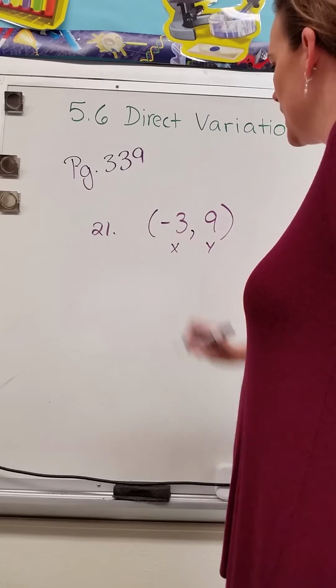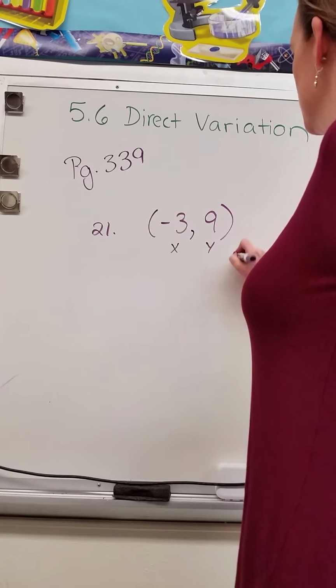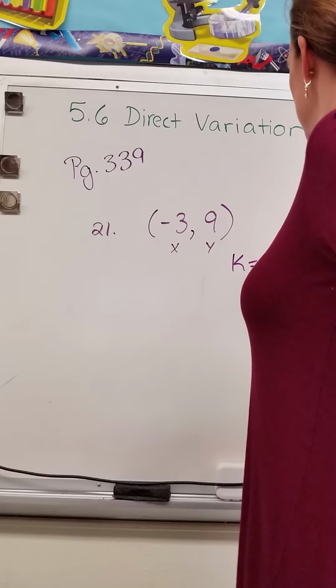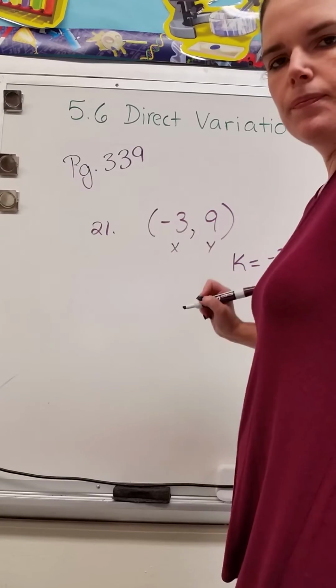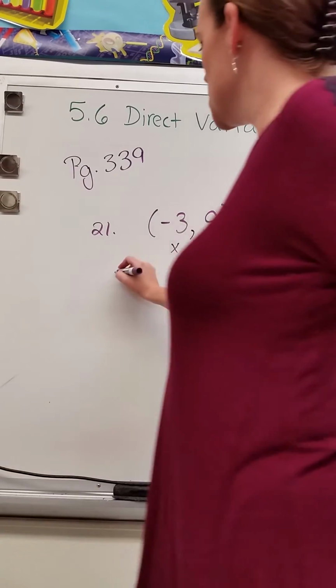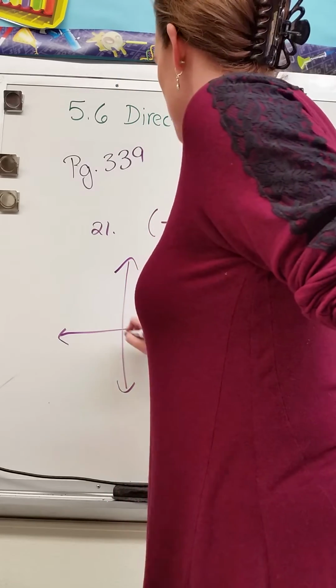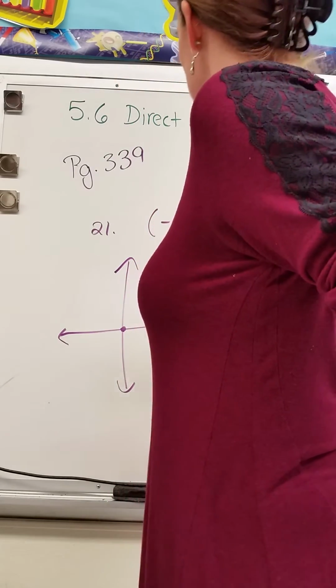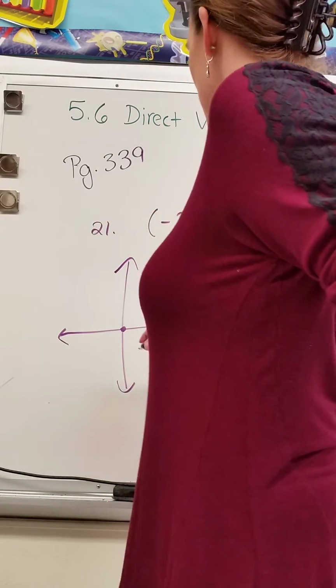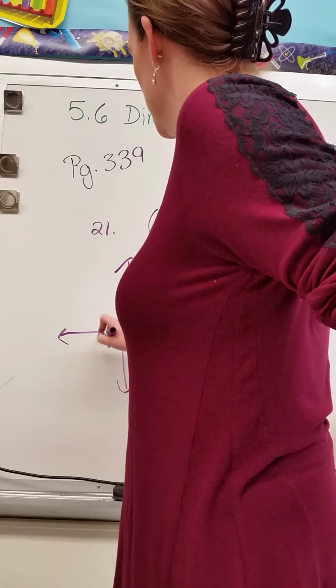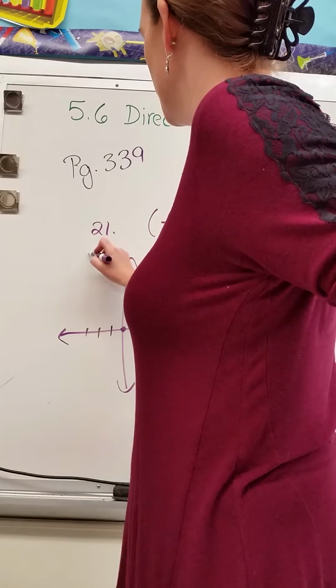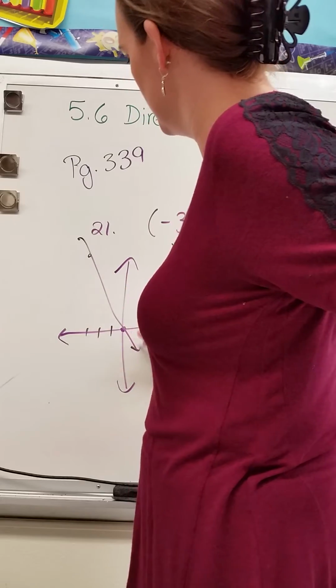If I needed to find my k, I just divide those. So my k is -3. And then if they ask you to graph it, you can really just graph the point 0, 0, and then graph the point that's given, -3, 9. So over 3 to the left, and then up 9, and then cut off.